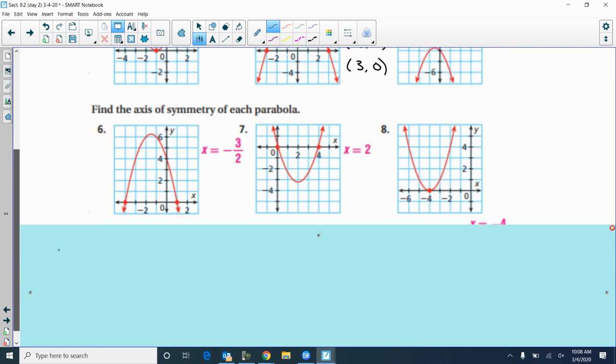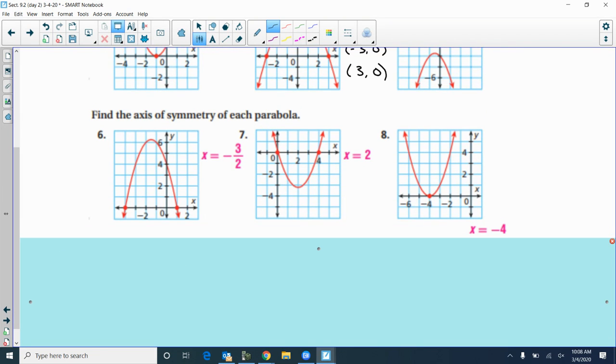Now, these look exactly the same, but it asks for something different. It asks for the axis of symmetry. Make sure you have x equals. -3/2 is fine, or if you put -1.5, that is fine. The axis of symmetry is the line that cuts it in half.